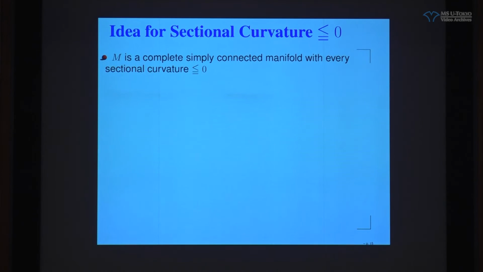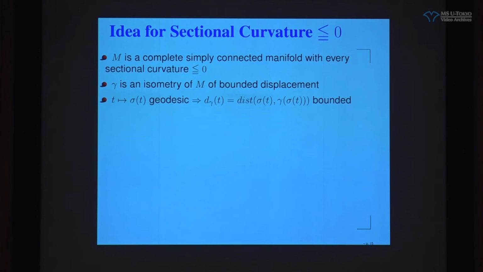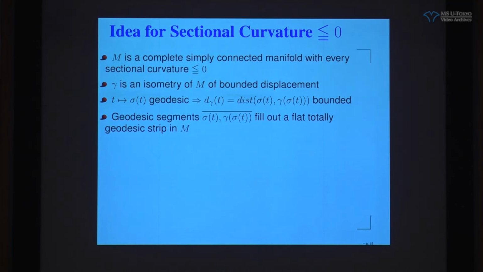So let me indicate the idea of the proof. So sectional curvature, I already said a few words about connecting with geodesic ribbons and filling out a flat, totally geodesic strip.